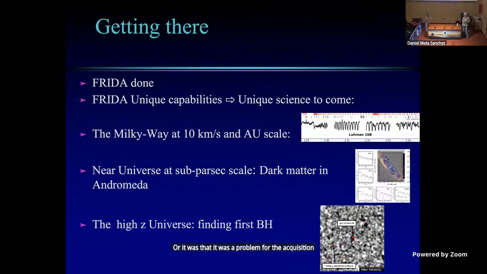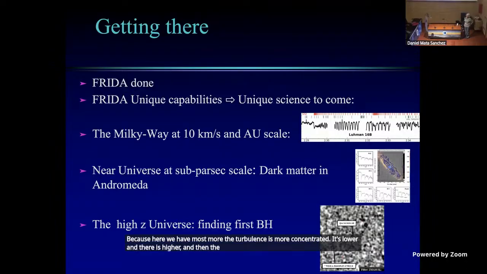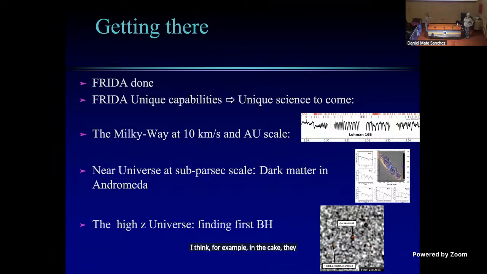Okay, you don't know. I think in Chile the isokinetic angle is smaller because here the turbulence is more concentrated. It's lower, and there is higher, and then the angle is smaller. But I think, for example, at Keck, they have no problem going to 1 minute.